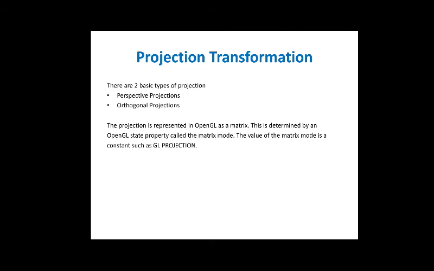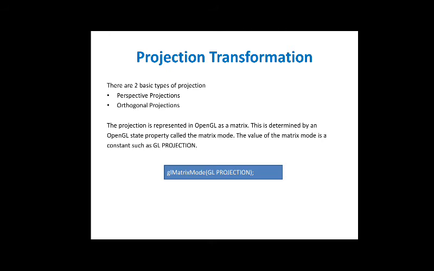But before that, whenever we are activating the projection in OpenGL, which command do we have to use? Whenever I want to apply the projection in OpenGL, I will use the command glMatrixMode(GL_PROJECTION). With this I am activating the projection. The projection is represented in OpenGL as a matrix.